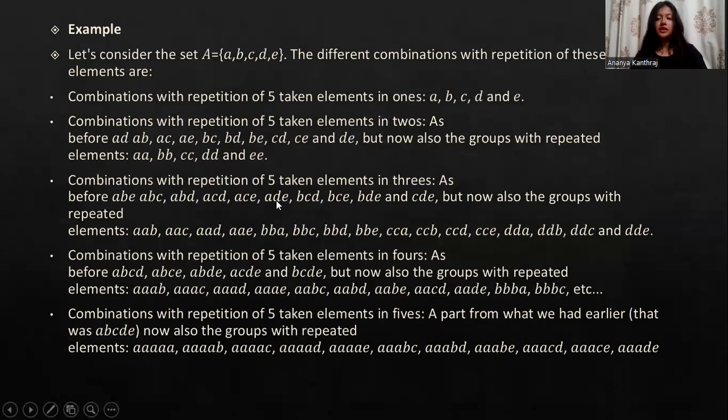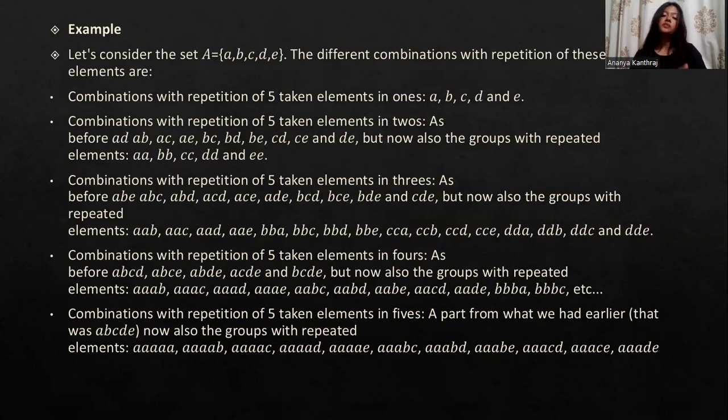So let's consider a basic example where a set A contains the elements A, B, C, D, and E. The different combinations with repetitions of these elements are as follows. Combinations with repetitions of 5 elements taken in twos: AB, AC, AD, AE, BC, BD, BE, CD, CE, and DE.